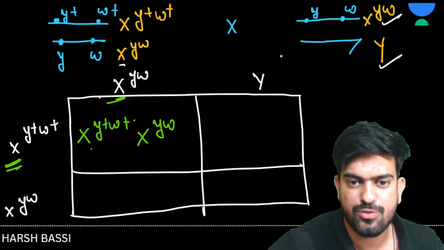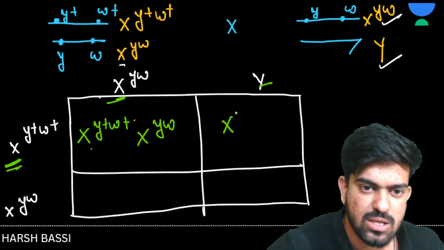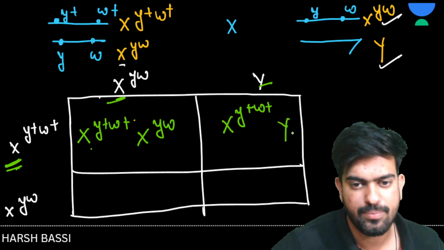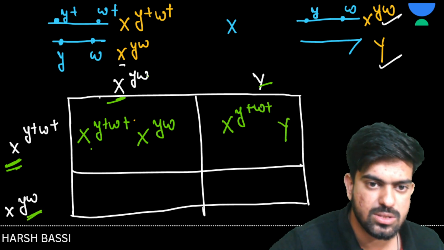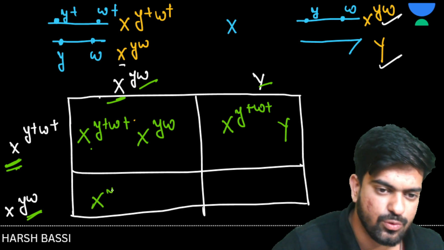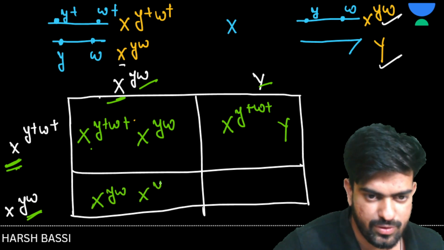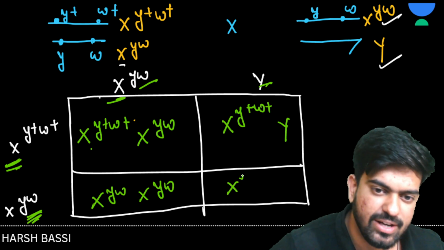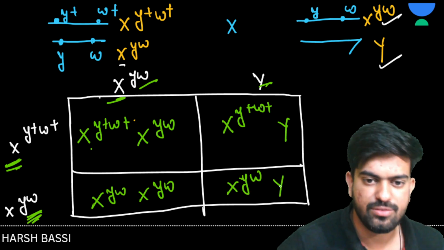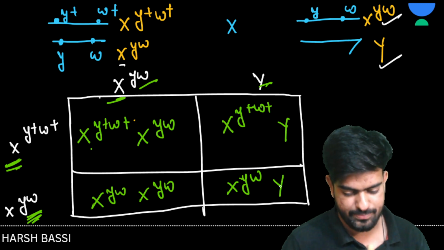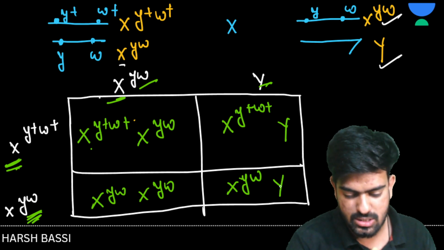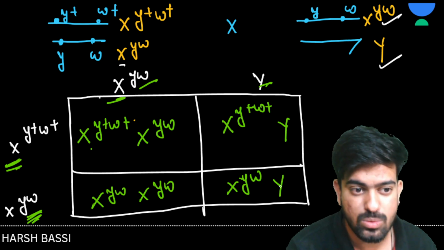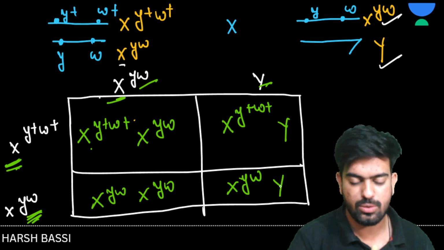This X going to fuse with Y, so we get X, Y plus W plus Y. Similarly, this with this, we get X, YW, X, YW. And this with this, so X, YW and Y. Yes or no? Any doubts right now? No doubts, sir.